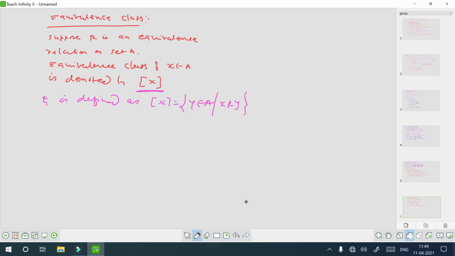Now dear friends, let us start exercise 1.1 NCERT. From the given relations, check whether they are reflexive, symmetric or transitive.